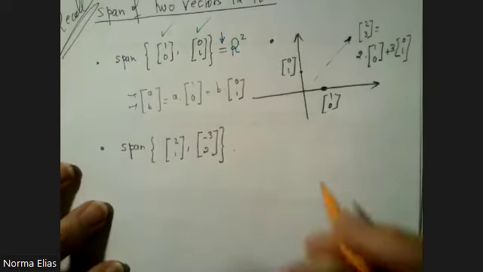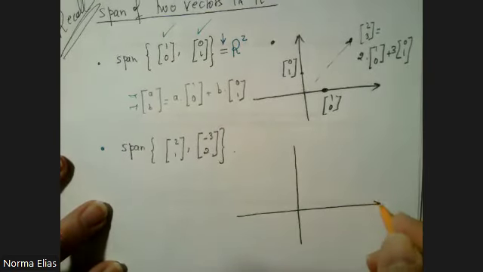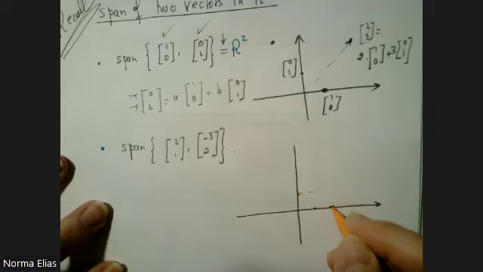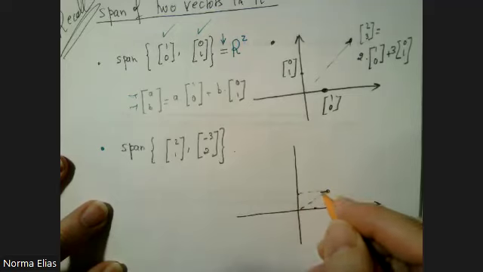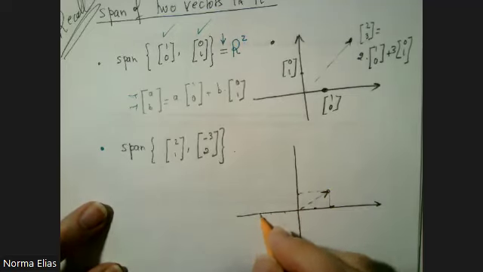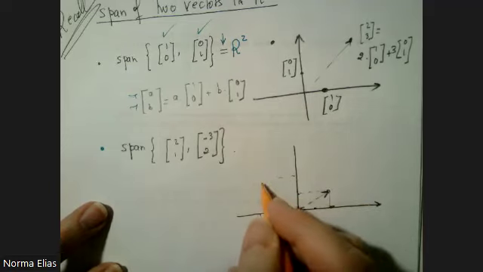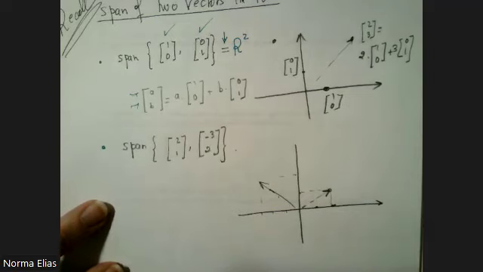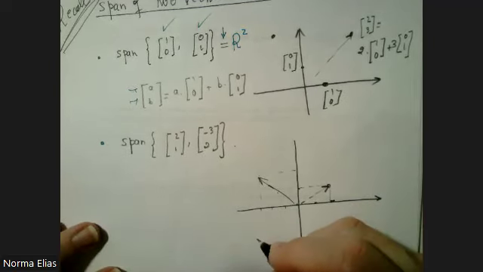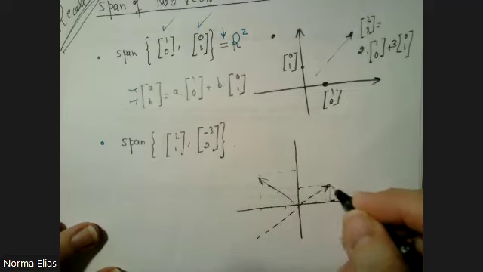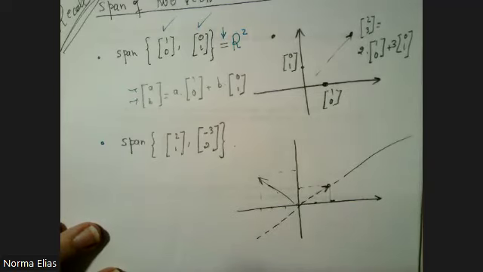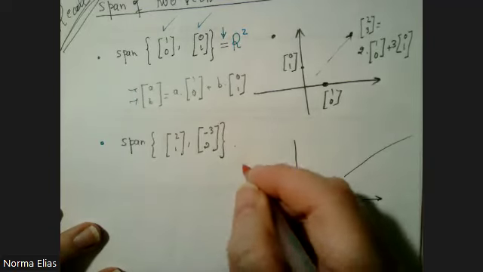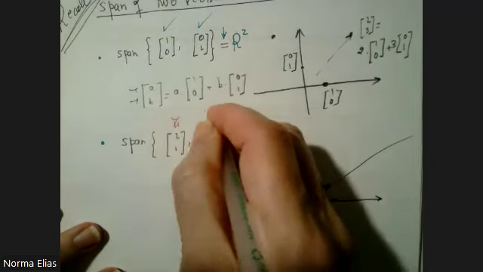And we did the same picture: (2, 1) was this one, and (-3, 2) is this one. This is the line carrying U, and this is the line carrying V. This is my U here, and this is my V.